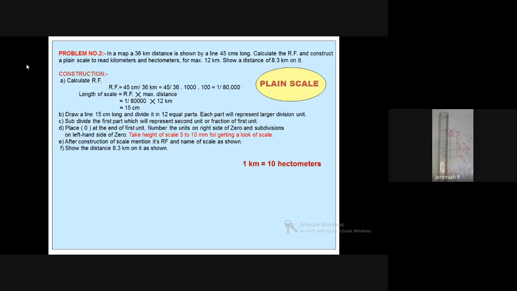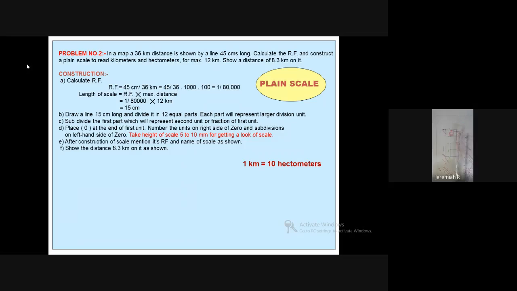If you have a wooden scale, the height will be something different. A steel scale, the height will be something different. If you have a plastic scale, the height is also different. In a map, a distance of 36 kilometer is shown by a line 45 centimeter long.